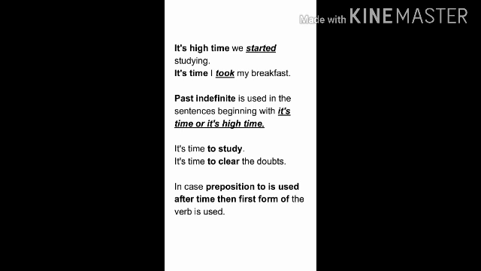If you remember, this was discussed in subject verb agreement too. But the exception here is, it's time to study. It's time to clear the doubts. In case the preposition to is used after the word time, then the first form of the verb is used.